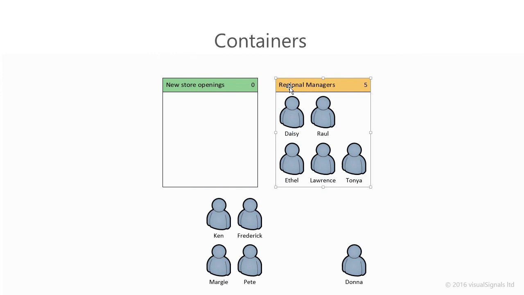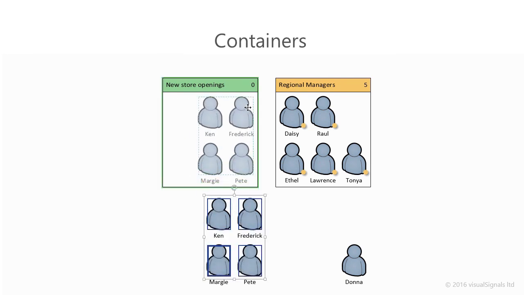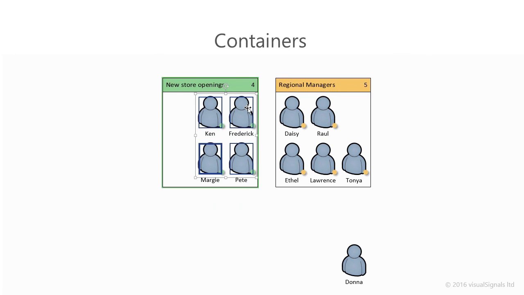Another key feature of containers is that member shapes can get a reference to the container that they're sitting in. So in these employee shapes, I've actually added a small circle which changes dynamically to highlight which container they're in. If I move these 4 employees into the new store openings team, you can see the circles reflect that change.